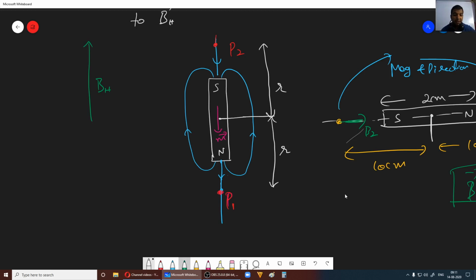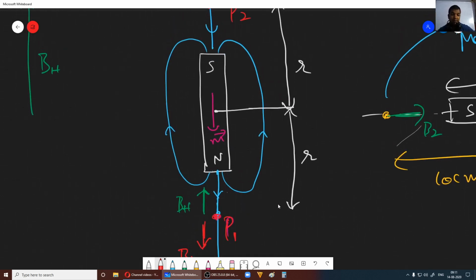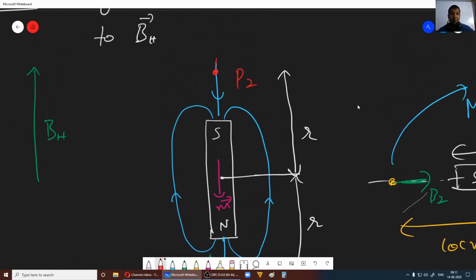Now coming back here, at some point R, at P1 and P2, you will get the net magnetic field to be 0. So here you have BH and you have B1, let us say. B1 is this way. If the magnitudes of B1 and BH become equal, then you will get a null point at P1.